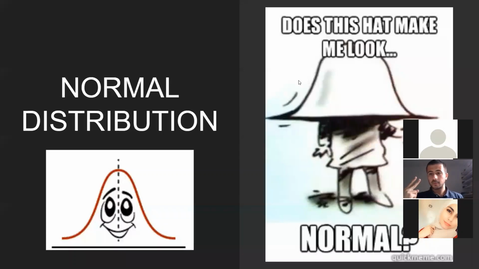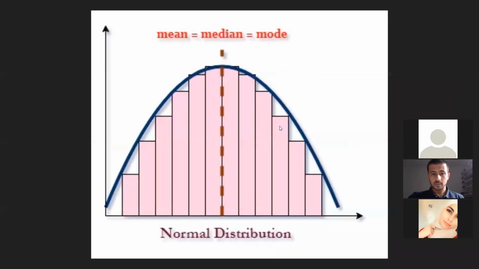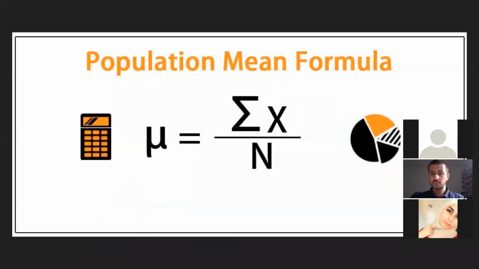The second concept is the normal distribution. How can I make a distribution normal? A normal distribution has two things to do. I'll tell you how to do it, but just after we understand the mean, and I believe everybody can calculate the mean.